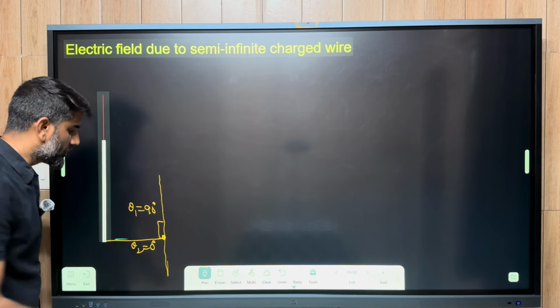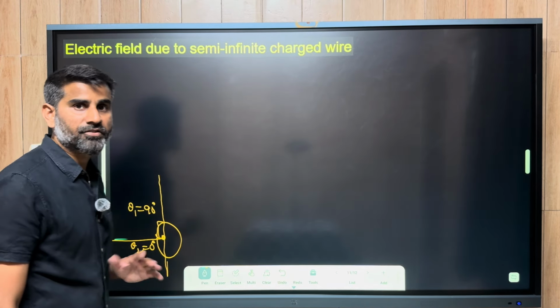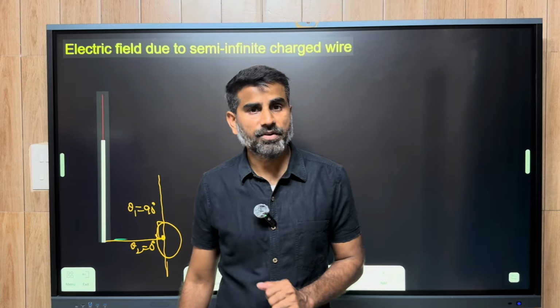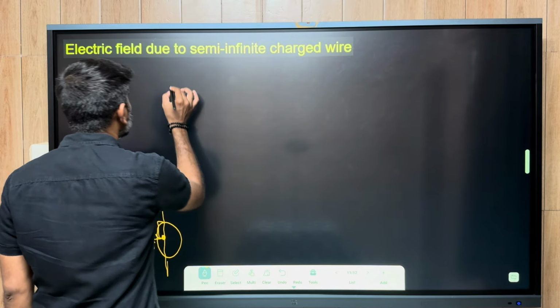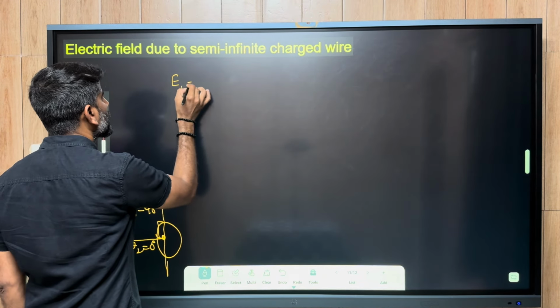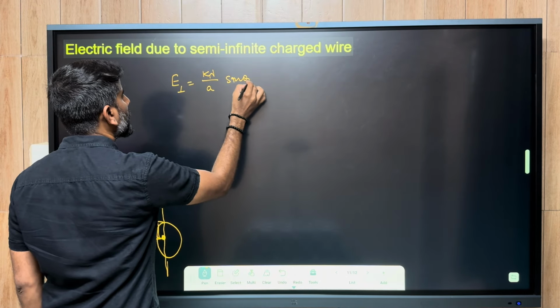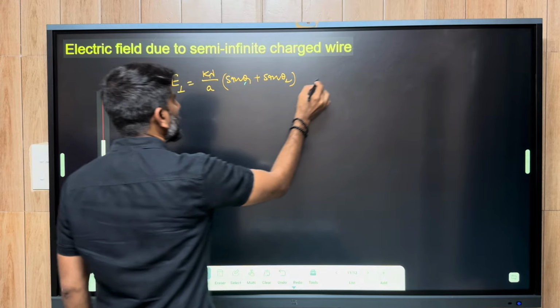Even if I go round like this, it will be 360 degrees, makes no difference. Even if you take 0 degrees or 360 degrees, you will get the same results. So theta 2 is 0 degrees. If I use same equations, E perpendicular is k lambda by a into sine theta 1 plus sine theta 2.